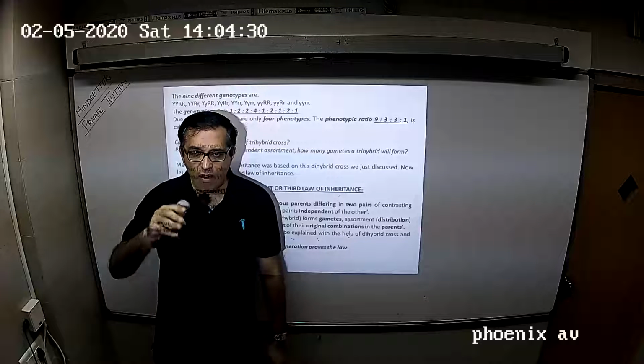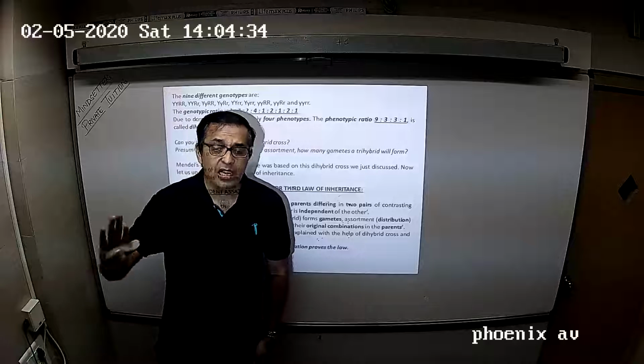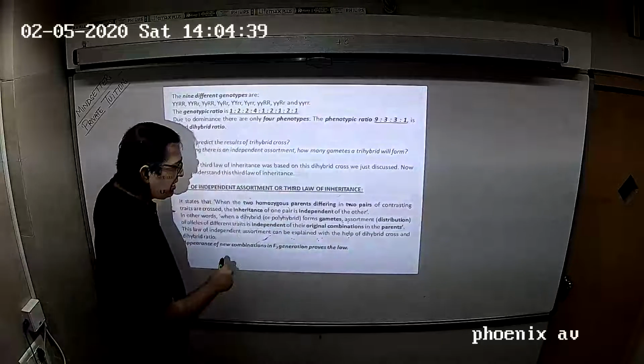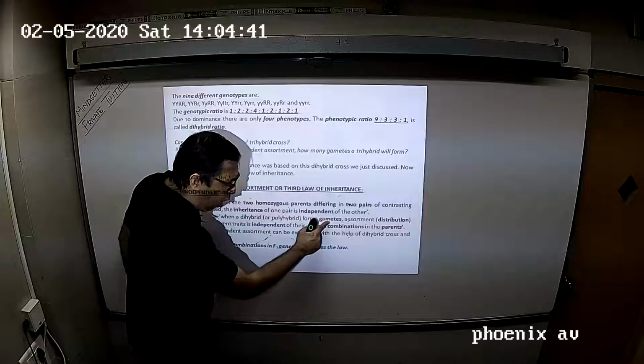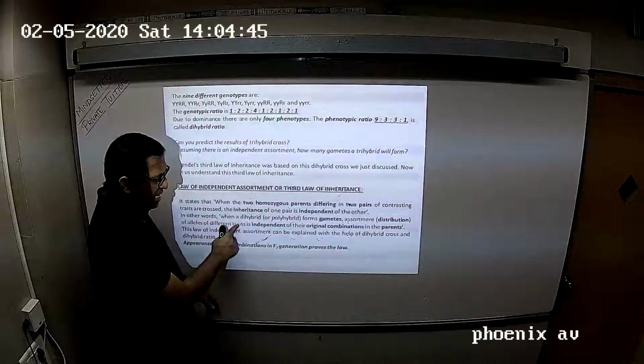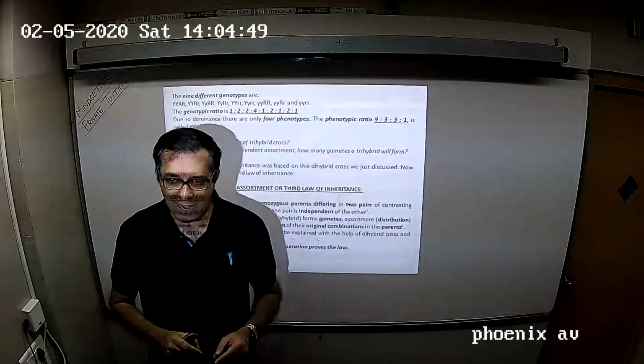Yellow and round have now become independent to become yellow and wrinkled. So that is a different characteristic formed altogether. And also it says that when a dihybrid forms gametes, assortment or distribution of alleles of different traits is independent of the original combination in the parent.